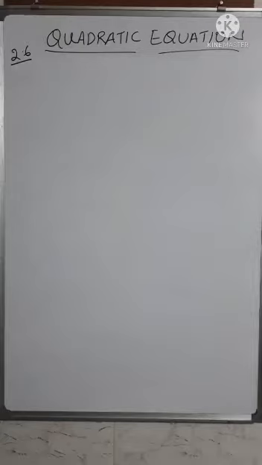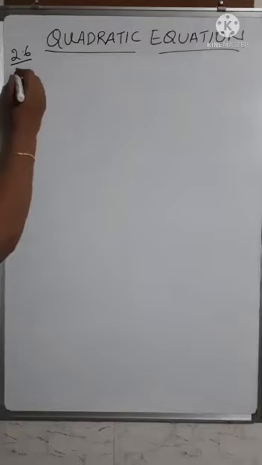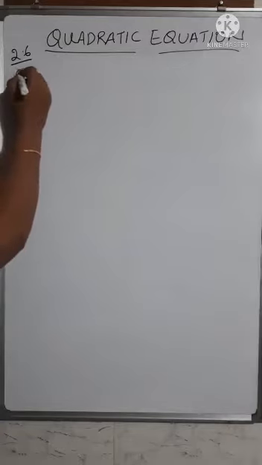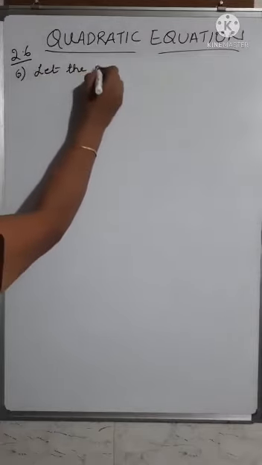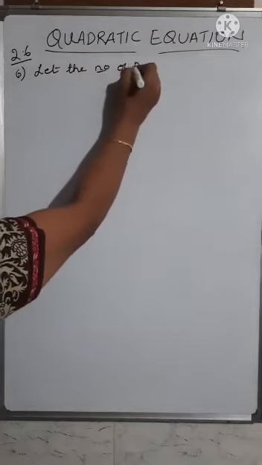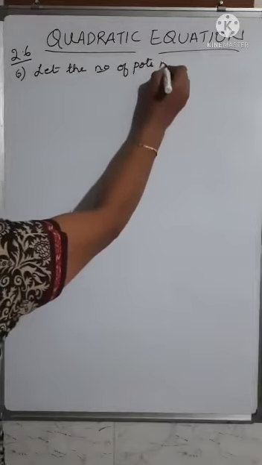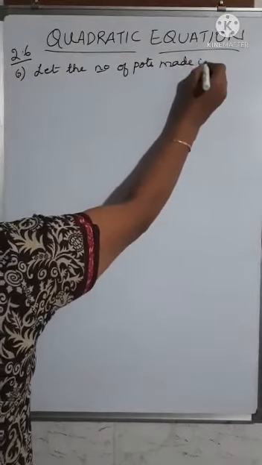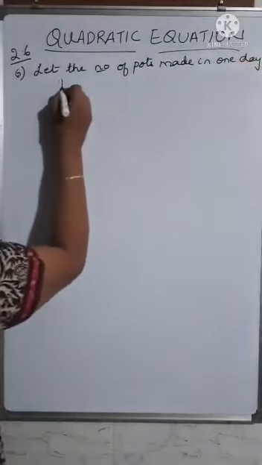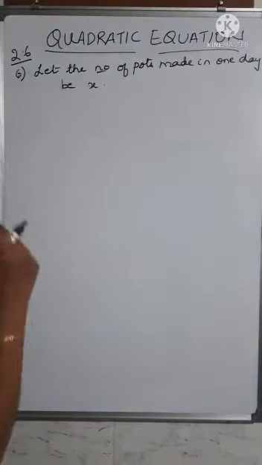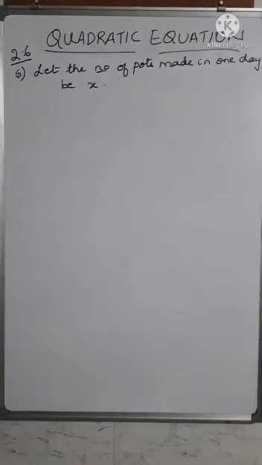So to start with, you have to start by taking the number of pots made by Kasam in each day be x. Let the number of pots made in one day be x. In one day he is making x number of pots.